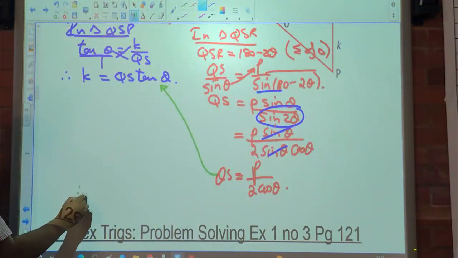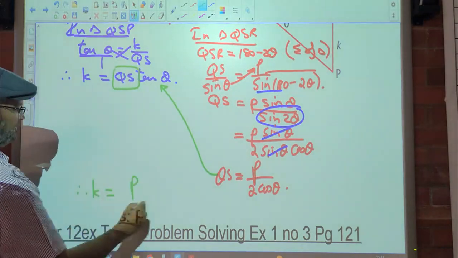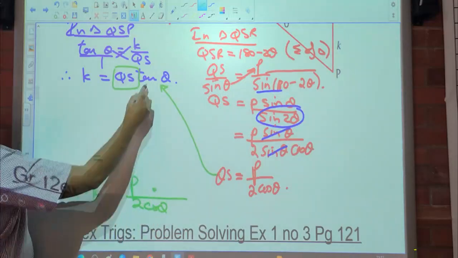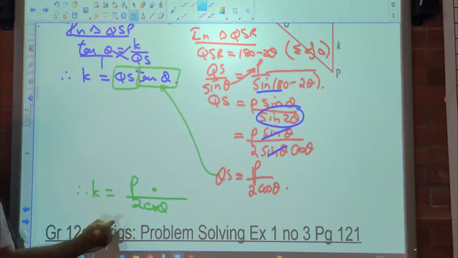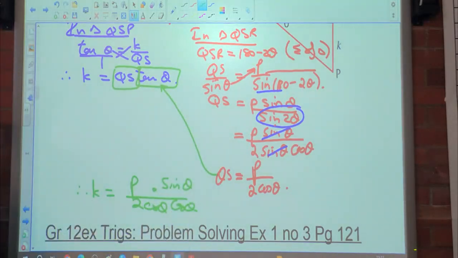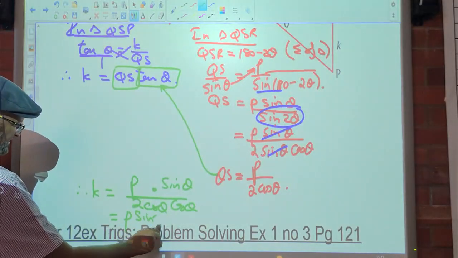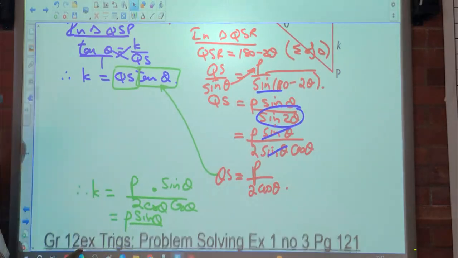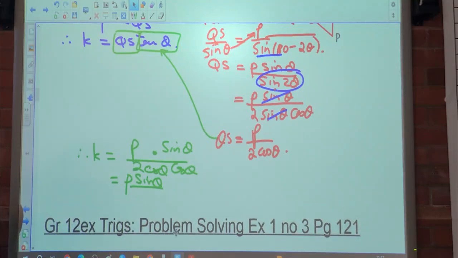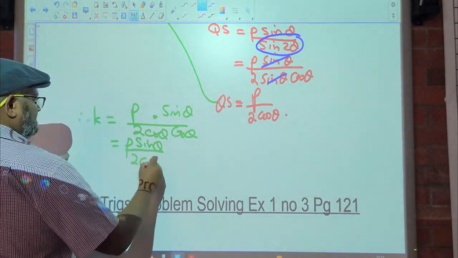Therefore K is equal to QS, which is P over 2 cos theta, times tan, but tan can be written as sin theta over cos theta. Which is now equal to P sin theta over 2 cos theta times cos theta.